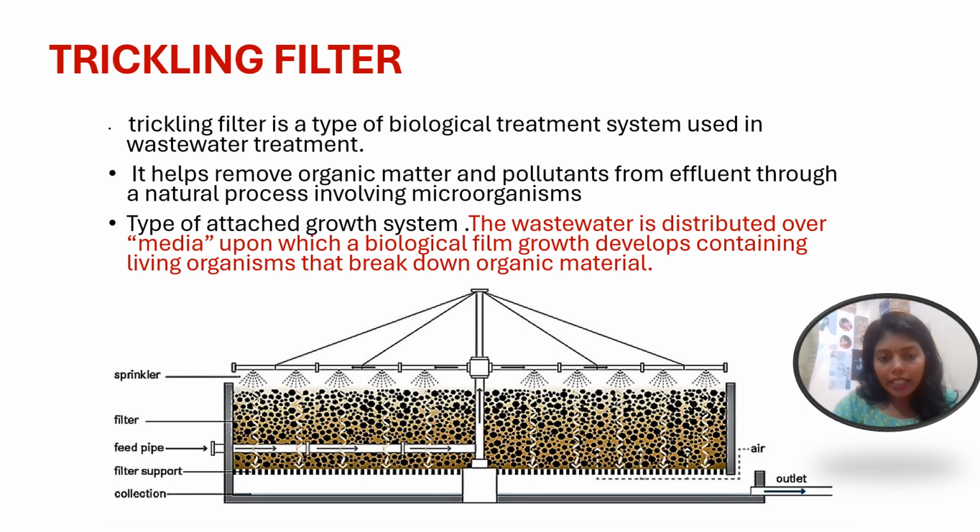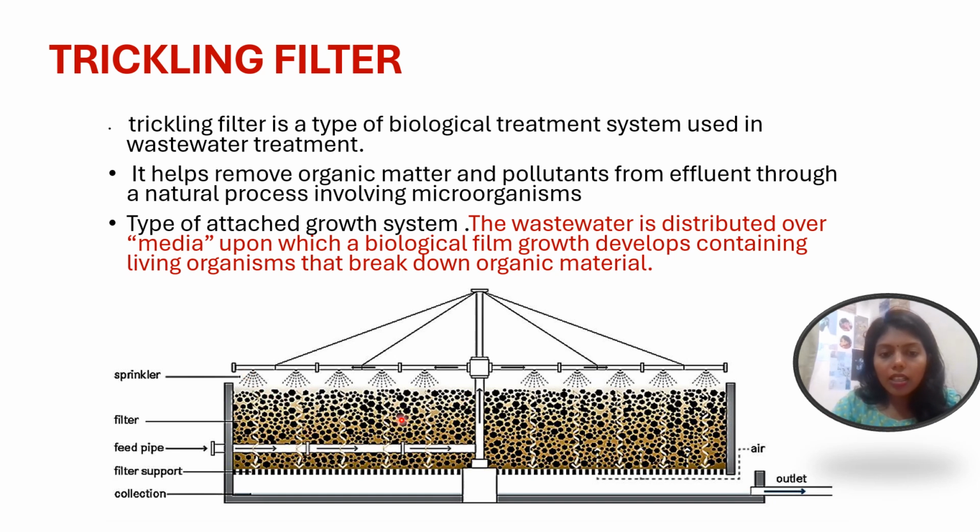This is the diagram of a trickling filter. The wastewater is introduced through this feed pipe, and it is distributed through the media by sprinklers or spray nozzles. Through this pipe, the wastewater is sprinkled over the media.